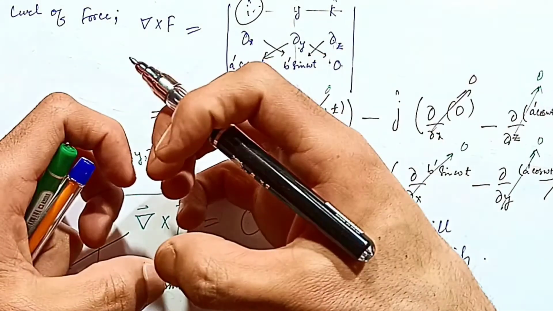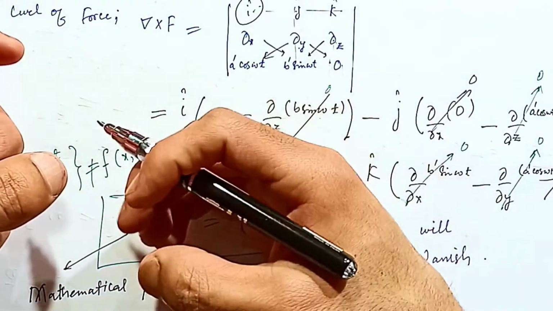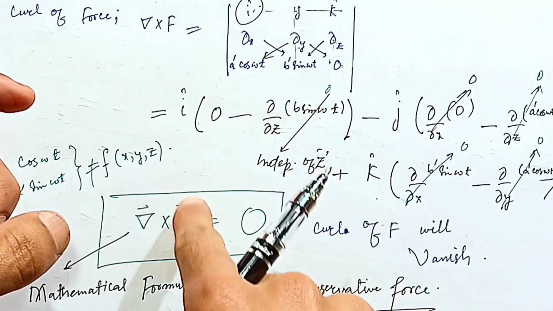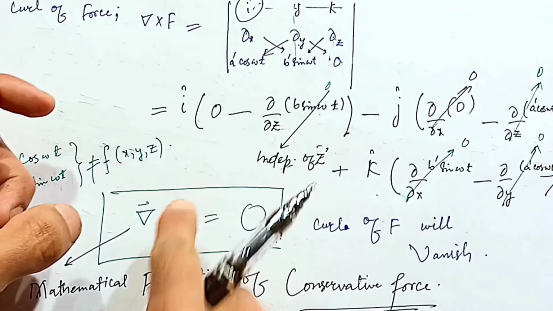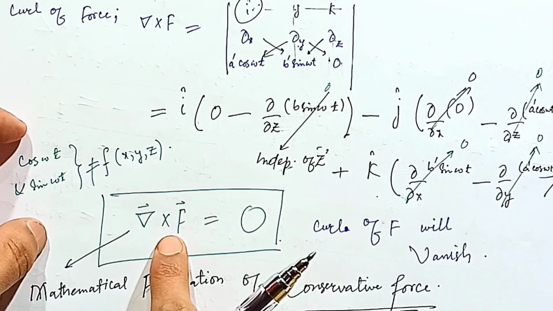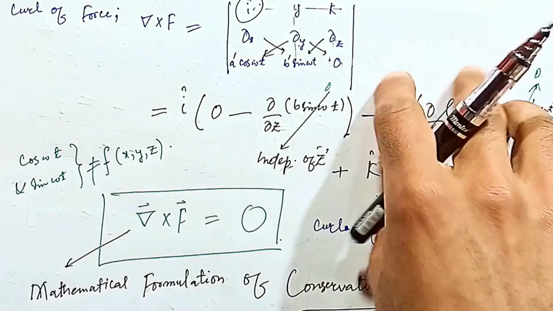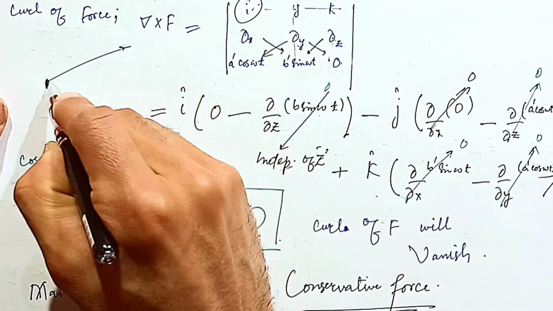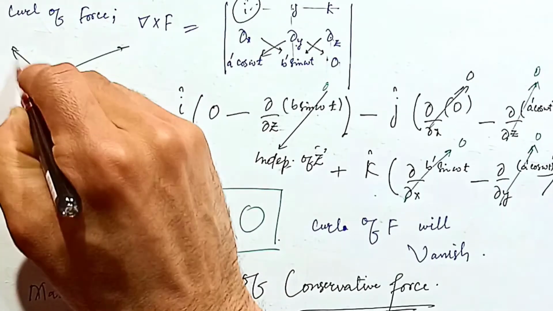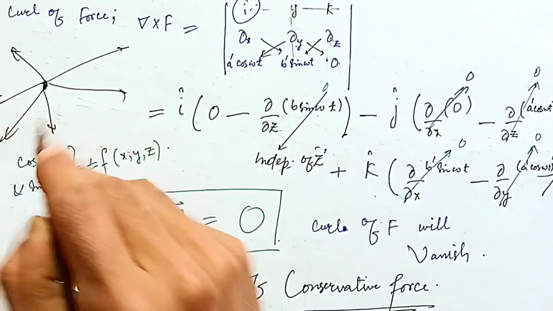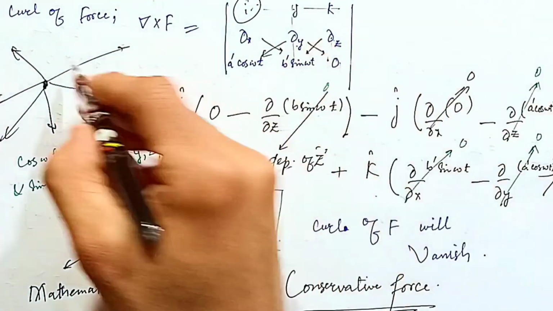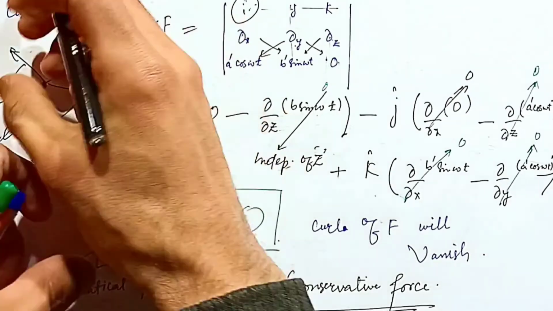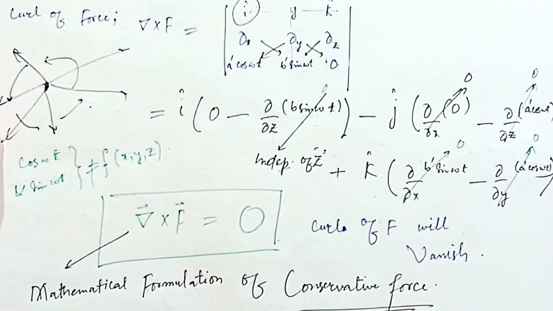It is not curling, it is not rotating around the point particle. That means it gets diverged. It is like this is the point particle here, and the force comes out like this. This means the force is diverging. If it had been like this, then there might be some curl present around the particle.